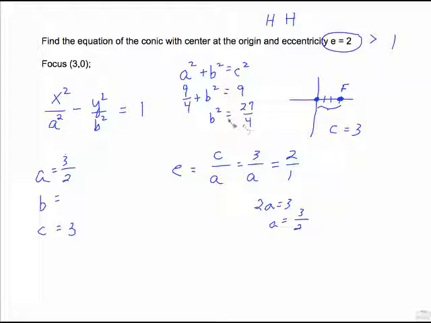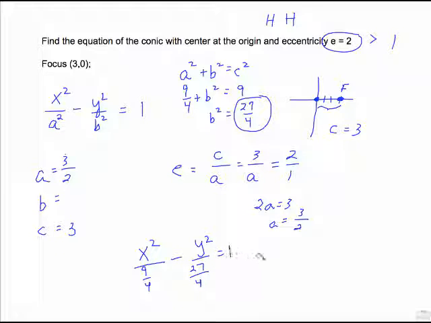Now, ordinarily, we take the square root of both sides to find b, but all we're trying to do is find the equation. We need b squared. Well, it's sitting right there. Don't do the extra work to find b. So my formula will be x squared over a squared, which is 9/4, minus y squared over 27/4 equals 1.